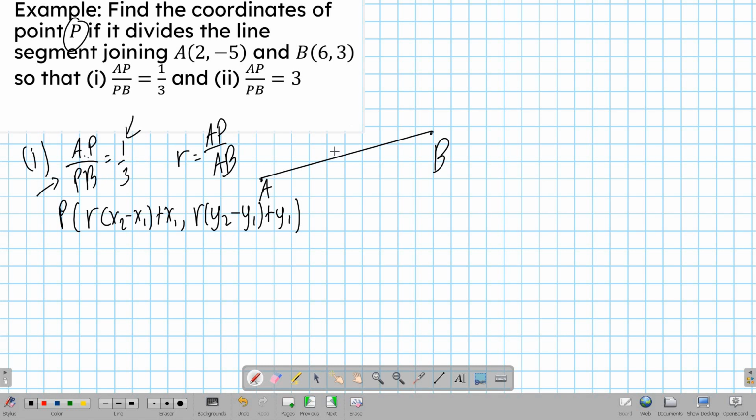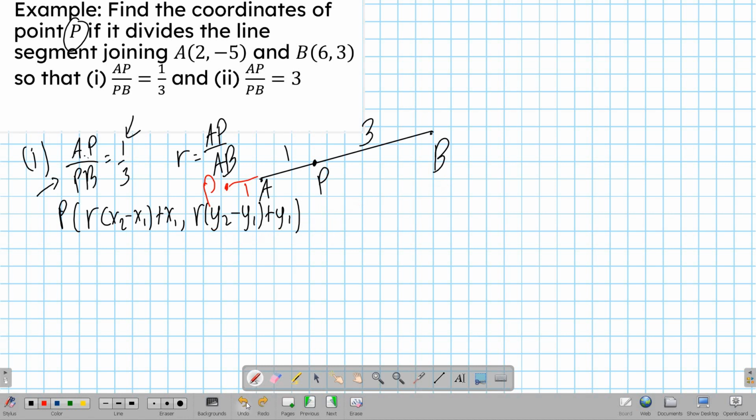AP is 1, PB is 3. So, if I place P here somewhere, this is 1, and that is 3. It doesn't seem like it would extend, because if this were the 1, for example, if we extend it, with this as P and this as 1, that seems too far to be 3. Although that's quite possible, since AP over PB is 1/3, we'll stick to this one here.